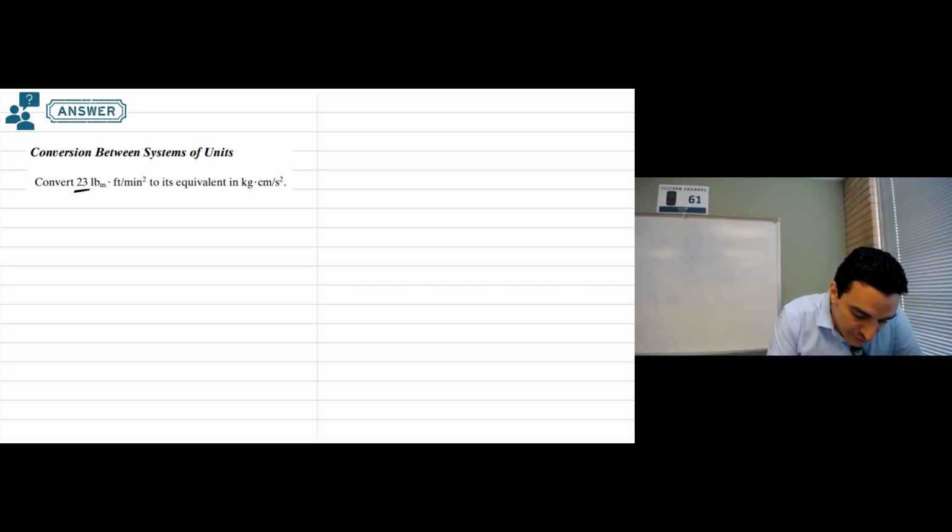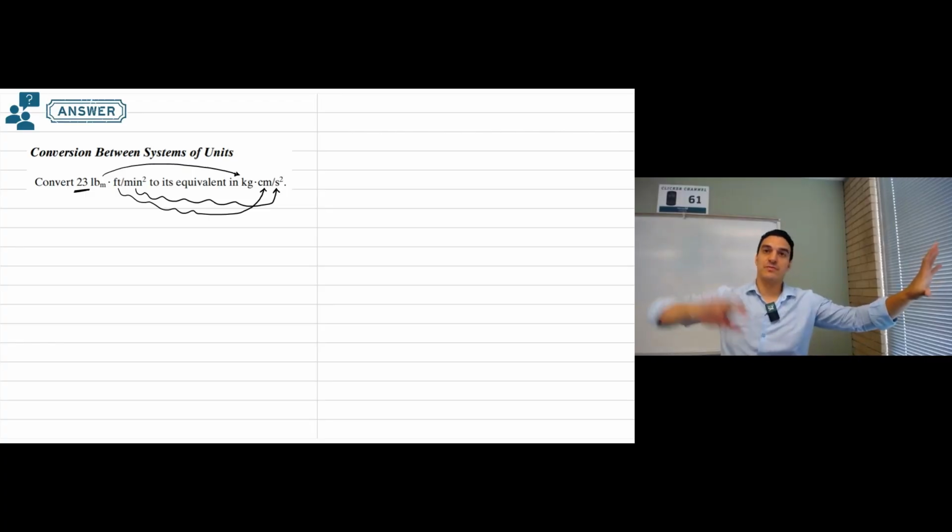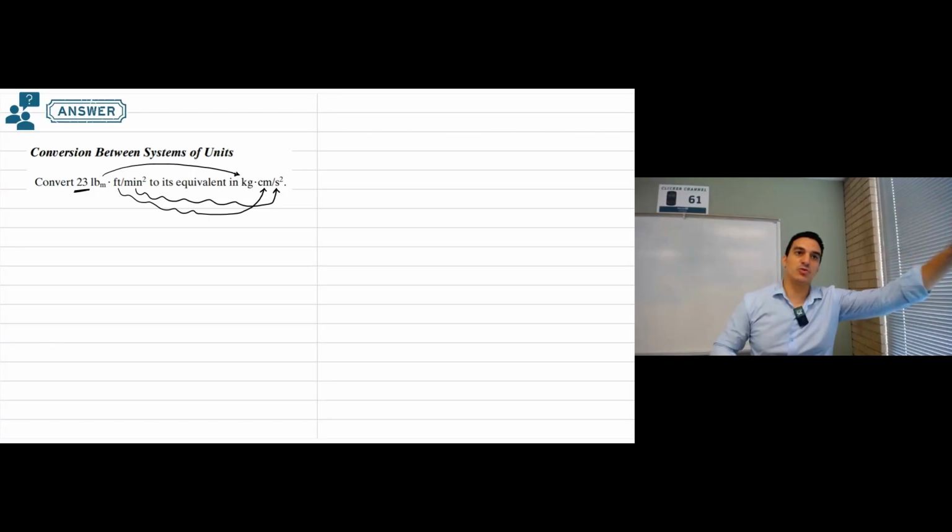So here I have minute, and I need to convert this minute into second. I have feet, so I need to convert this length to centimeter. I have pound mass, and I need to convert it to kilogram. So first, you should know the equivalence of the units we have: pound mass to kilogram, feet to centimeter, minute to second.